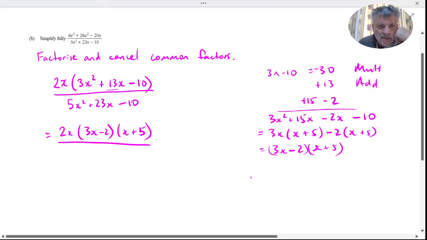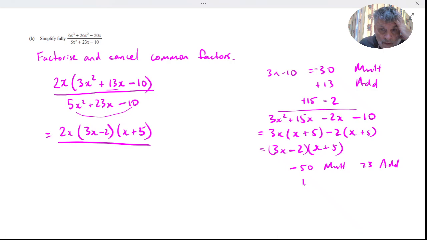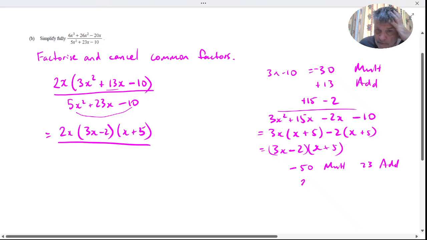In the denominator, we do a similar thing. We want numbers that multiply to negative 50 and add to 23. And that's a similar factorization, really. It's 25 times 2. So minus 25. No, 23. Yeah, plus 25. And minus 2. 5x is common.